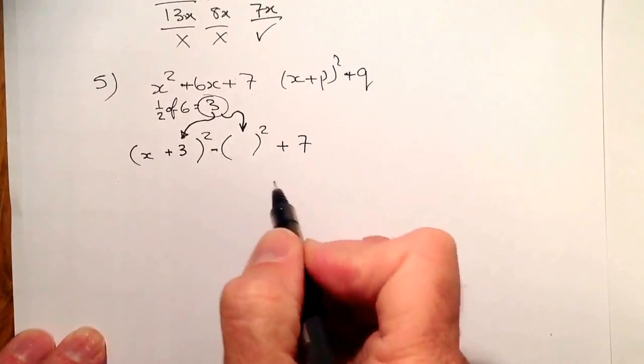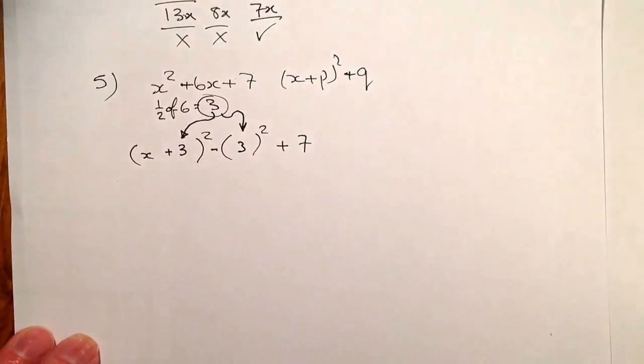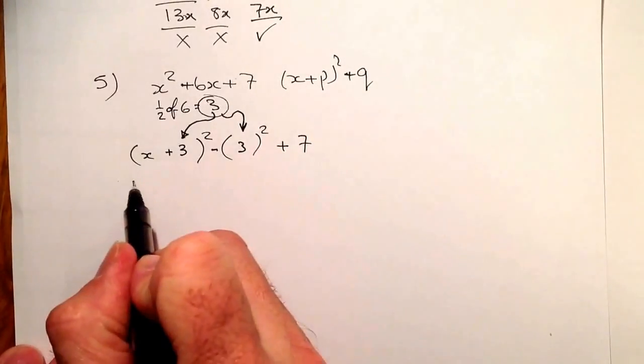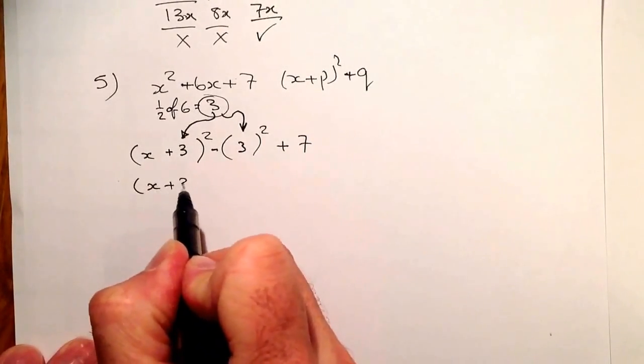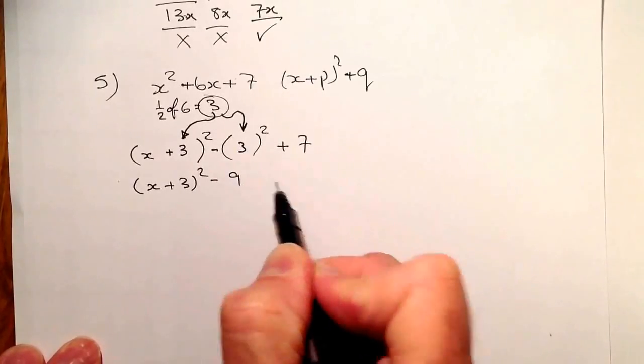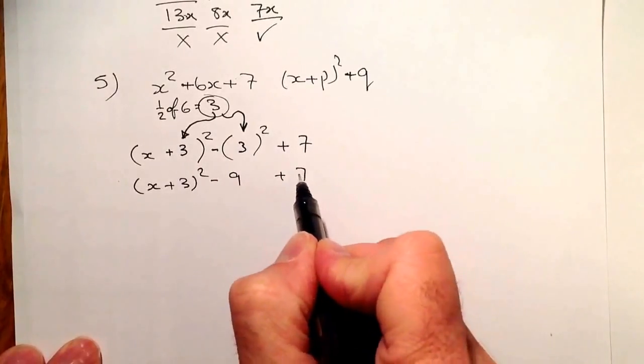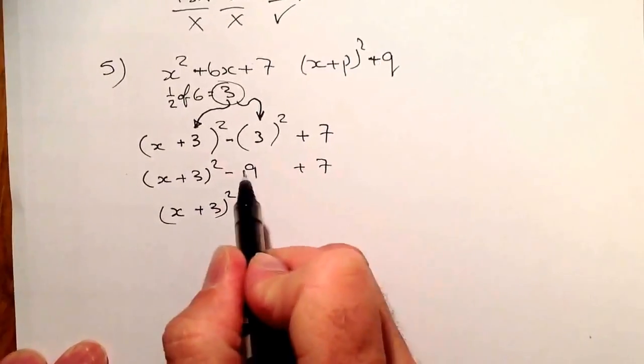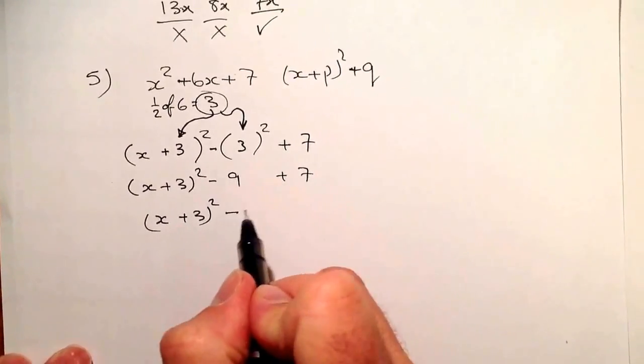So it's not a minus 3, it's a positive 3, so I'm putting it in as a positive number. What I'll then do is square this bracket out, so that should give me minus 9 and plus 7. And then when I gather up the 7 right at the end, minus 9 plus 7 will give me minus 2.